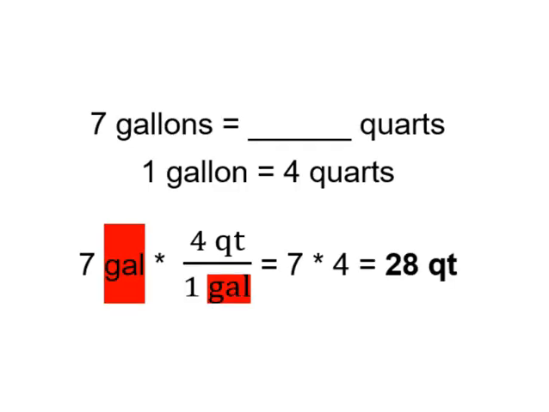When we set this problem up, we have 7 gallons times 4 quarts over 1 gallon, because again, we need to make sure we are able to cancel out the unit of measurement we are converting from. Now we have 7 times 4, which is 28. So 7 gallons is equal to 28 quarts. Let's move to our next problem.